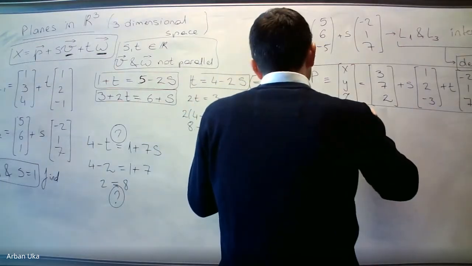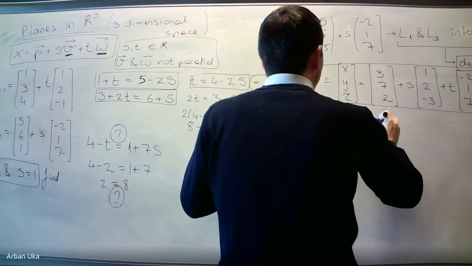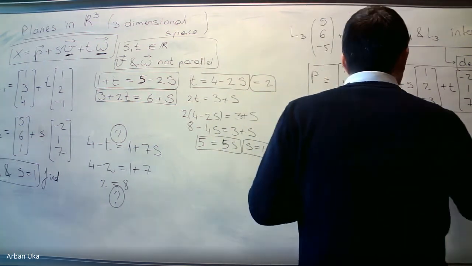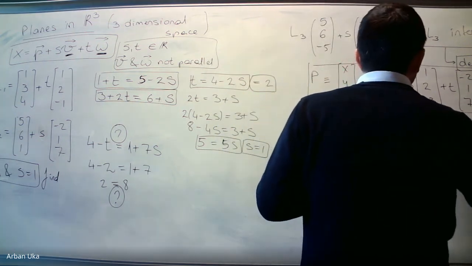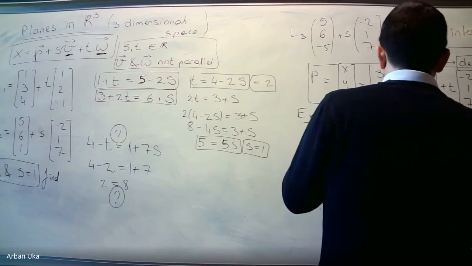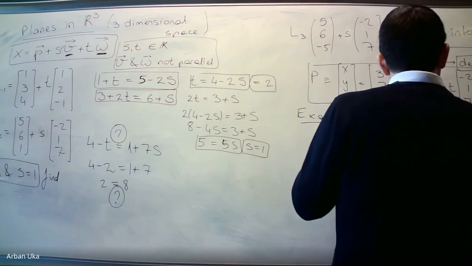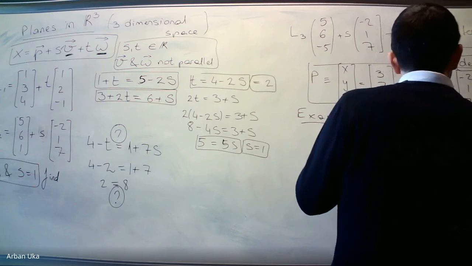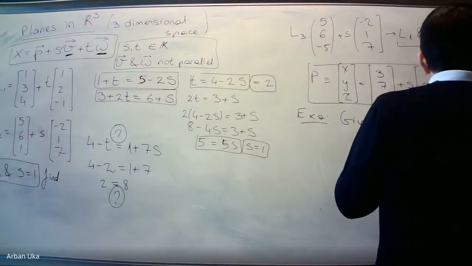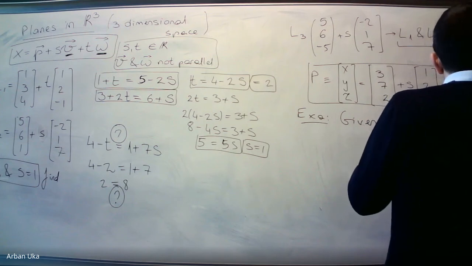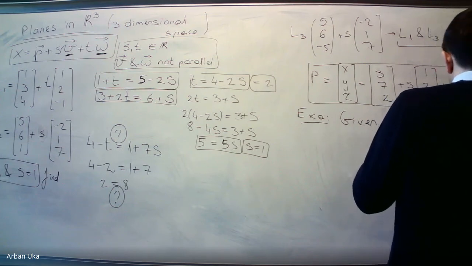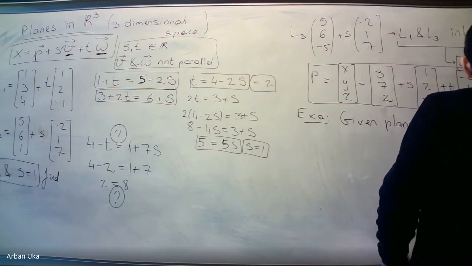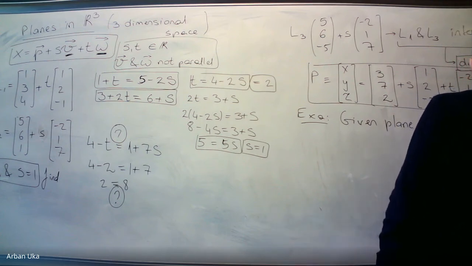Let's consider that we are given a plane, and this plane is defined as (x, y, z) equal to s times (1, 2, -1) plus t times (-2, 1, 7). So presumably this is equal to sv plus tw.